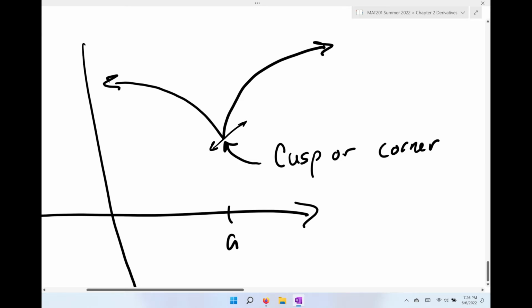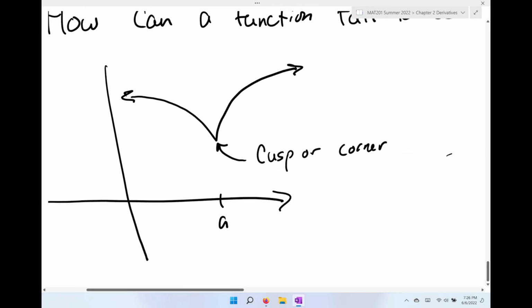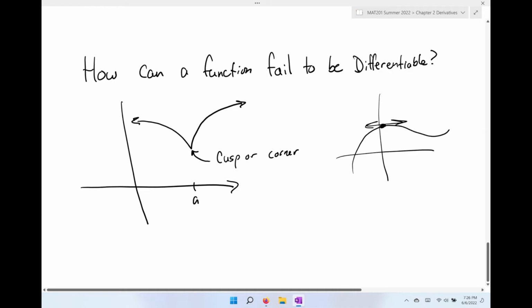Or maybe it was this. Or maybe it's like a seesaw right in the middle. I mean, you have no idea, okay? So because of that, we call it a cusp or corner, and this is where a derivative would fail. All right, so this is the first case, okay?